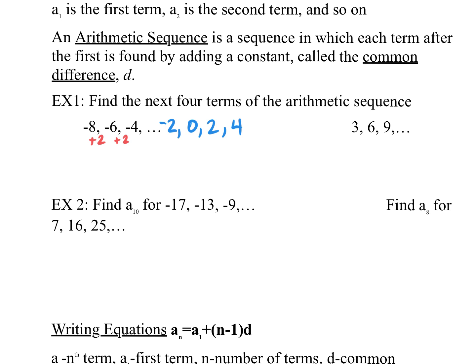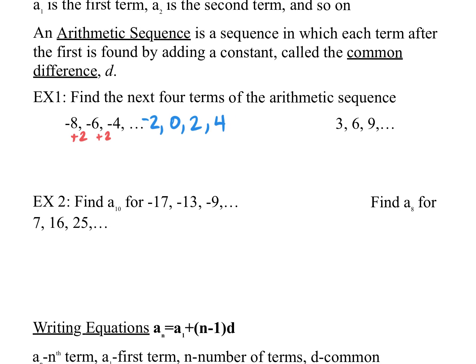What do we get? 12, 15, 18, 21, right? What is the common difference there? 3. Okay, so the common difference is what am I adding to my sequence every time? All right, next.